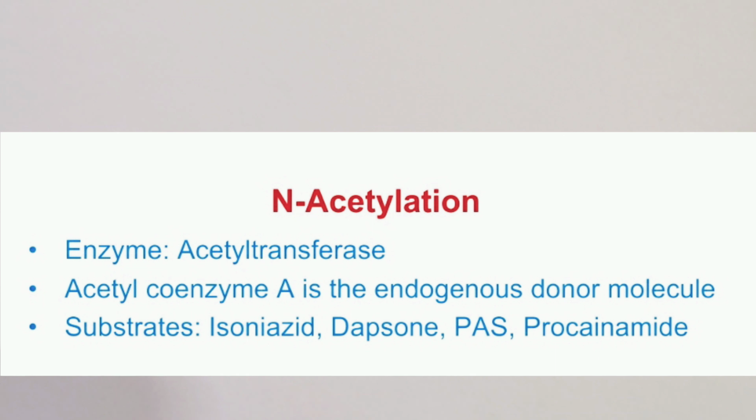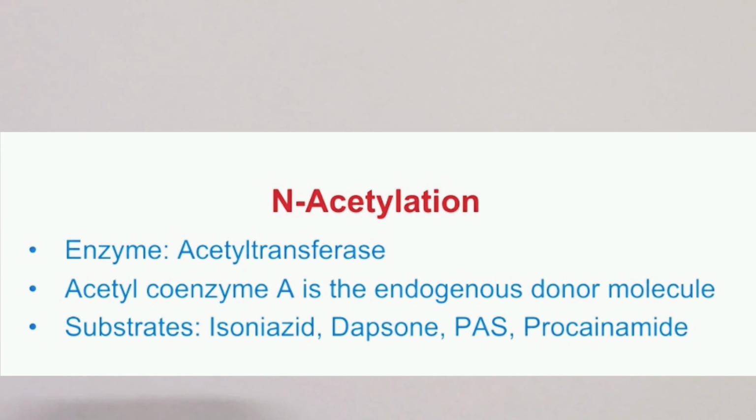So the next is acetylation, which is catalyzed by the enzyme acetyltransferase, and the endogenous donor molecule is acetyl coenzyme A. Examples of substrates include isoniazid, dapsone, para-aminosalicylic acid and procainamide.